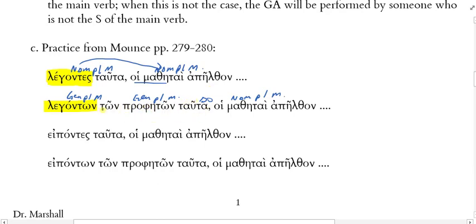So I could say, if it's temporal, what? While the prophets say these things, or while the prophets are saying these things, hoi mathetai apelthan, the disciples left. Now, since this main verb is past, how might I tweak my translation here?